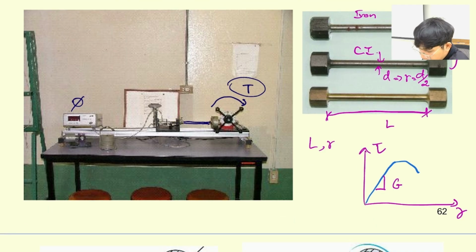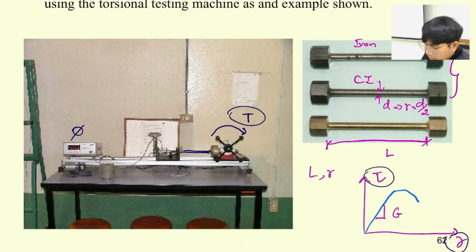But from here, how can we compute the shear stress and shear strain? Do you still remember how to get it? Basically, shear stress you can calculate equal to T times r divided by J, which is the polar moment of inertia over here.